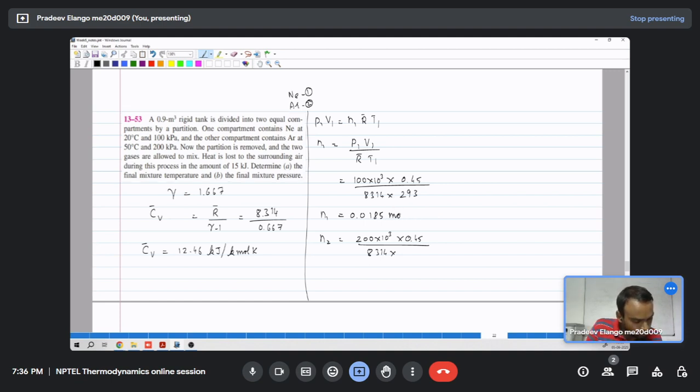It doesn't matter much because in the end we are calculating the temperature, and here we will have 50 degrees Celsius, that is 323 Kelvin. So this is 323. This is 0.0335 moles.